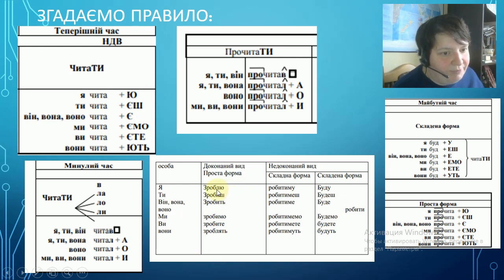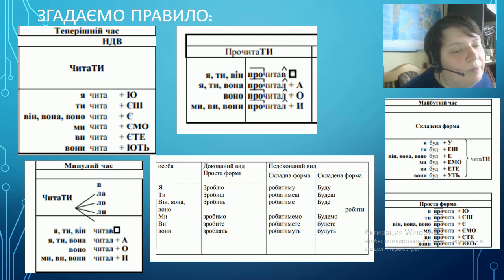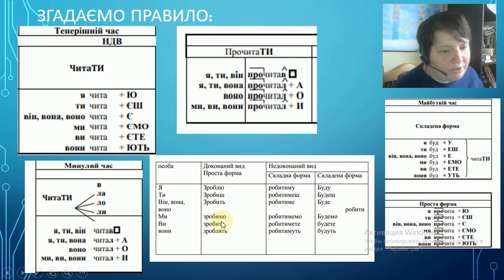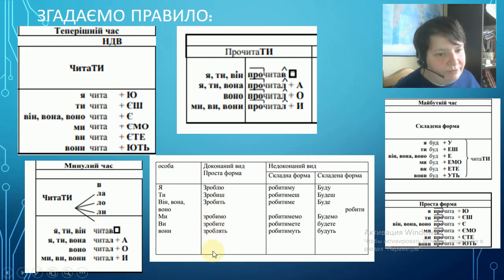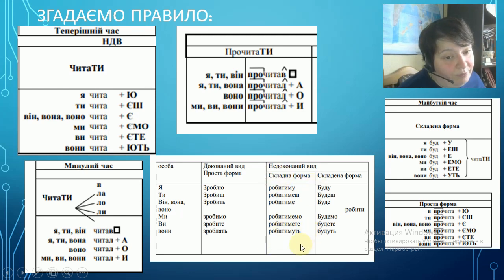Зробити, it's the perfective aspect of the verb робити. We have these endings: зроблю, зробиш, зробить, зробимо, зробите, зроблять. It's the simple form, and there is some really interesting form, it is called the complicated form.